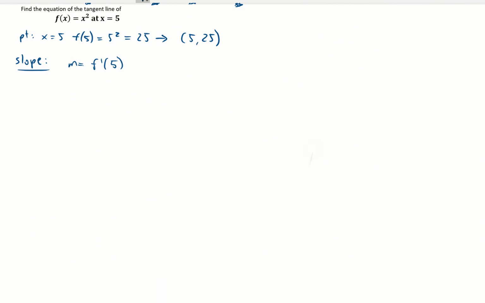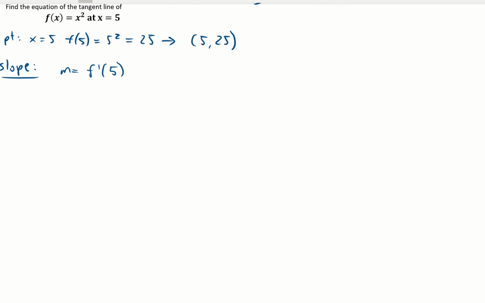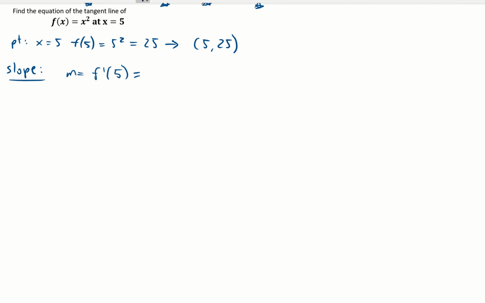So if we come back down here, we're looking for the slope at 5. That is the derivative at 5. That would be the limit as x approaches 5, where 5 is functioning as a, of f of x minus f at 5, over x minus 5.